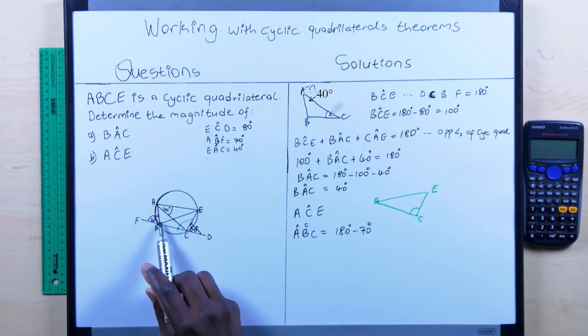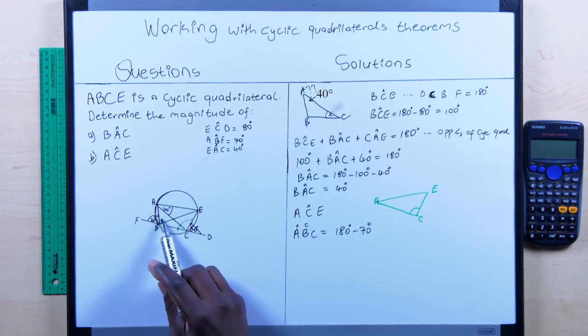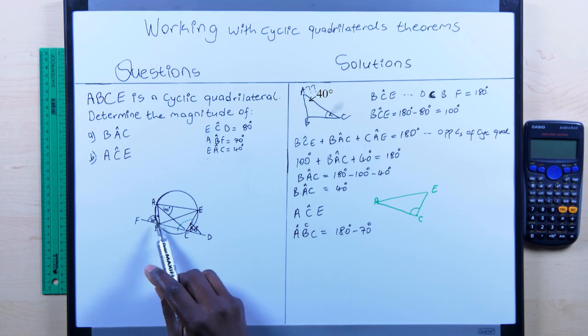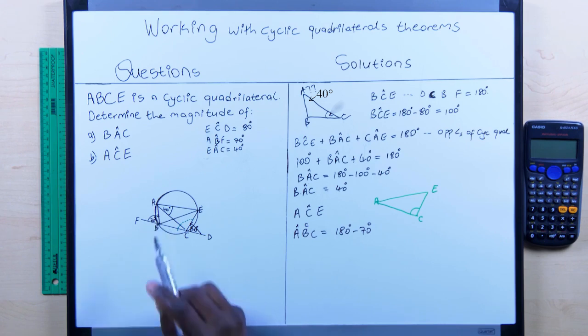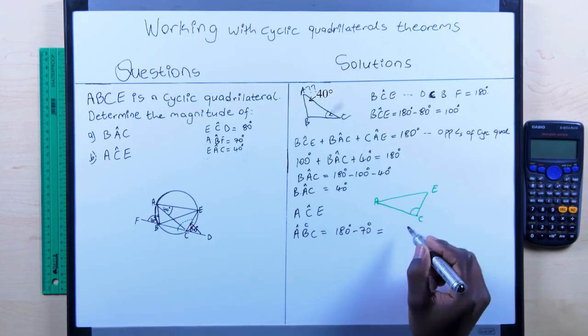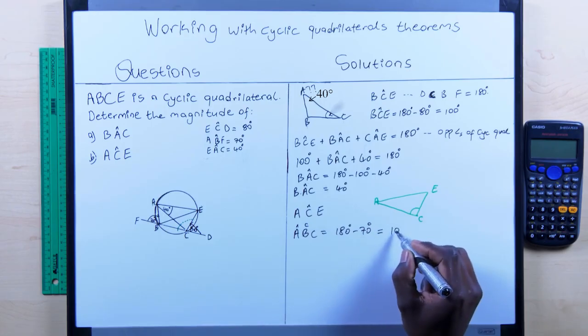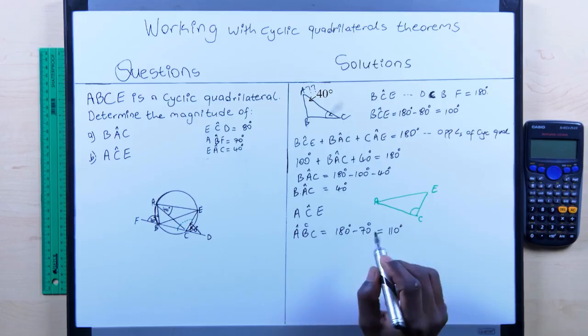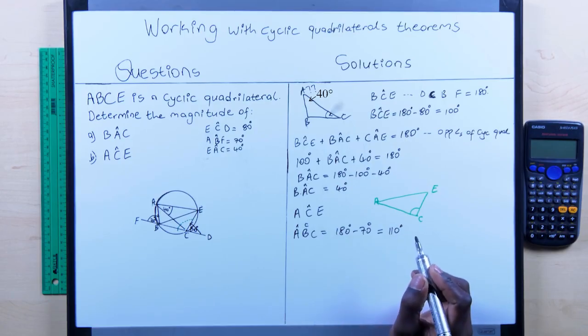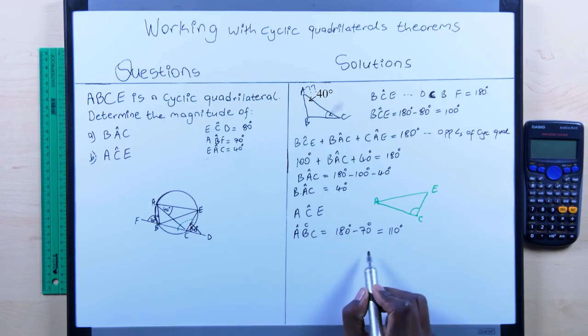So you take this out. So angle B, if you want to form angle B here, you will just take away 70, then the remainder would be that. Which then gives you 110 degrees. So we know that angle B is equal to 110 degrees.